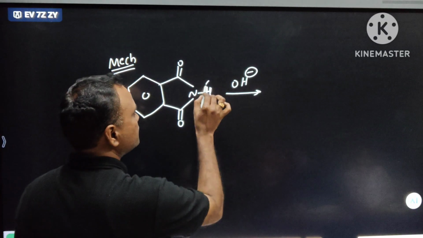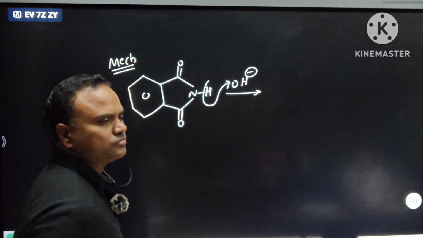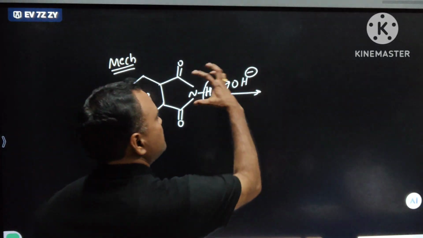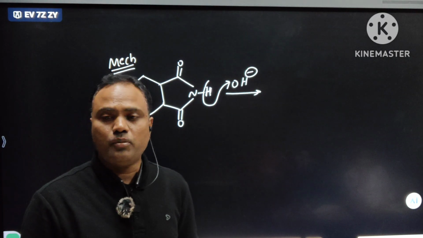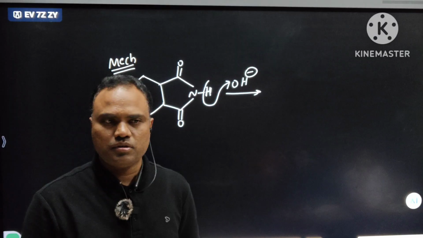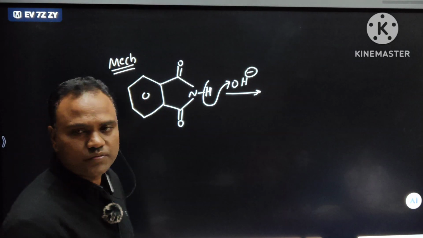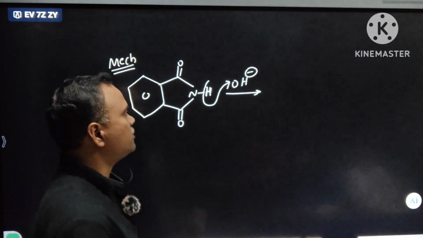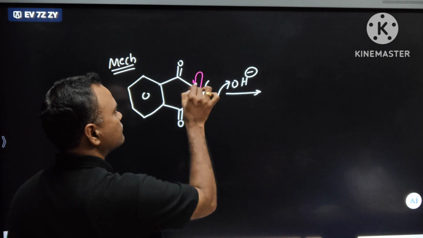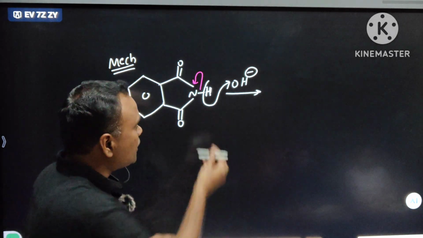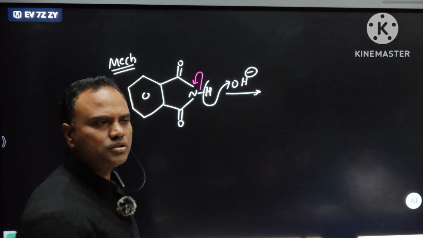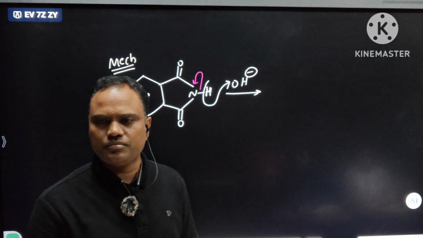The OH minus captures the hydrogen without the bonded electrons, and that bonded electron pair shifts to nitrogen.